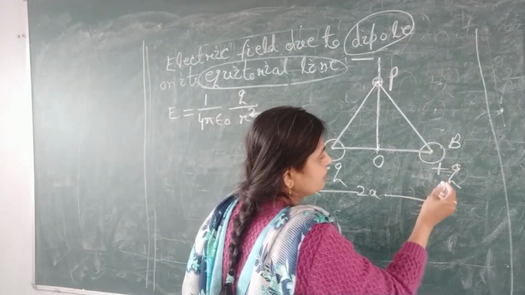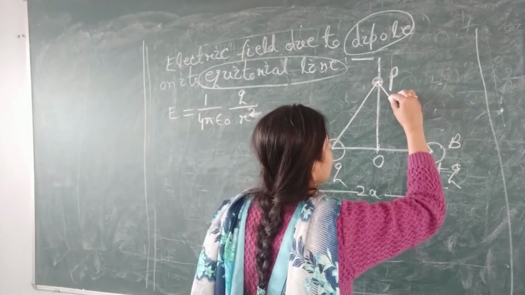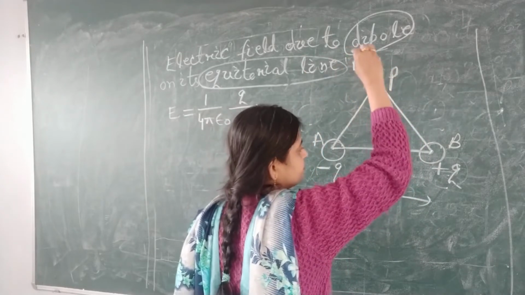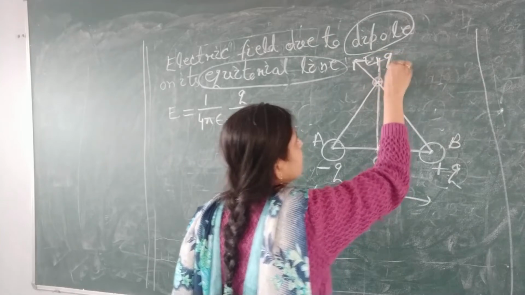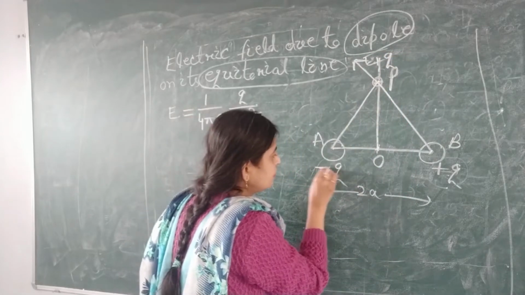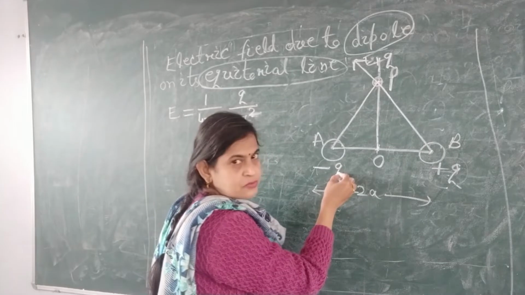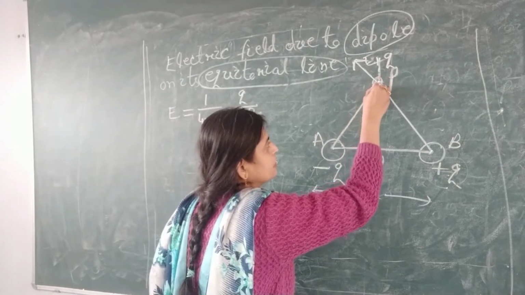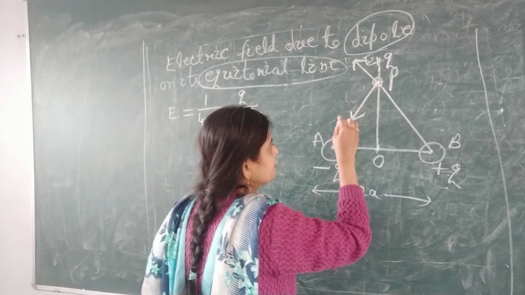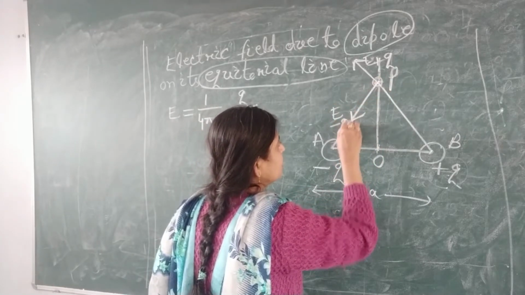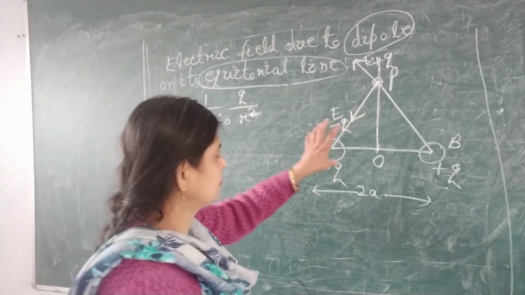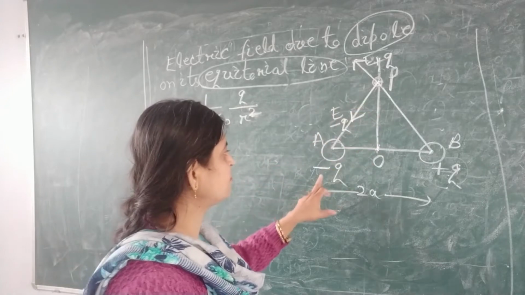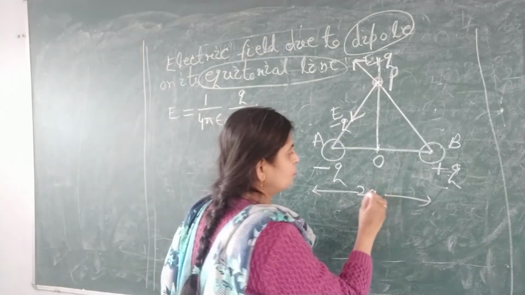The electric field due to charge plus q will act along this direction, that is E plus q, and due to charge minus q, which is placed at point A, will be along this direction, E minus, because we know the direction in case of a dipole is always from negative to positive.